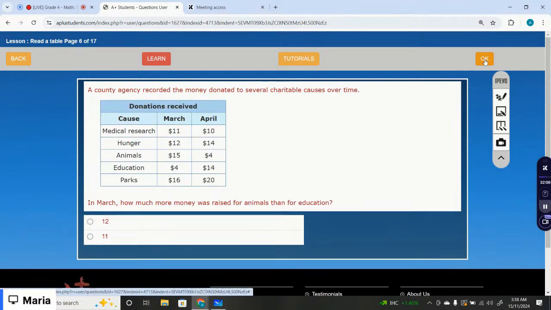A county agency recorded the money donated to several charitable causes over time. In March, how much more money was raised for animals than for education? So, which is the correct option?